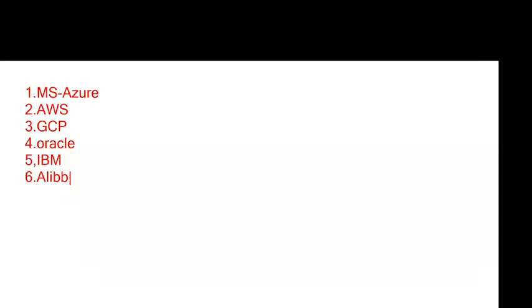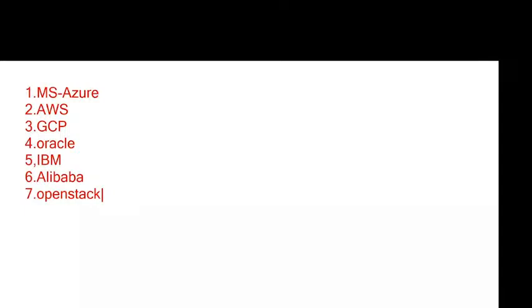One is Microsoft Azure, second is AWS, third is GCP, Google Cloud, fourth Oracle Cloud, fifth IBM Cloud, I can say IBM Bluemix, sixth Alibaba, also we have OpenStack. We have n number of cloud vendors providing cloud computing technology.